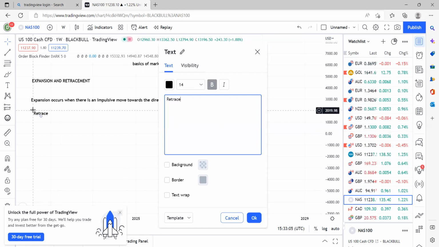And then retracement is the correction after.